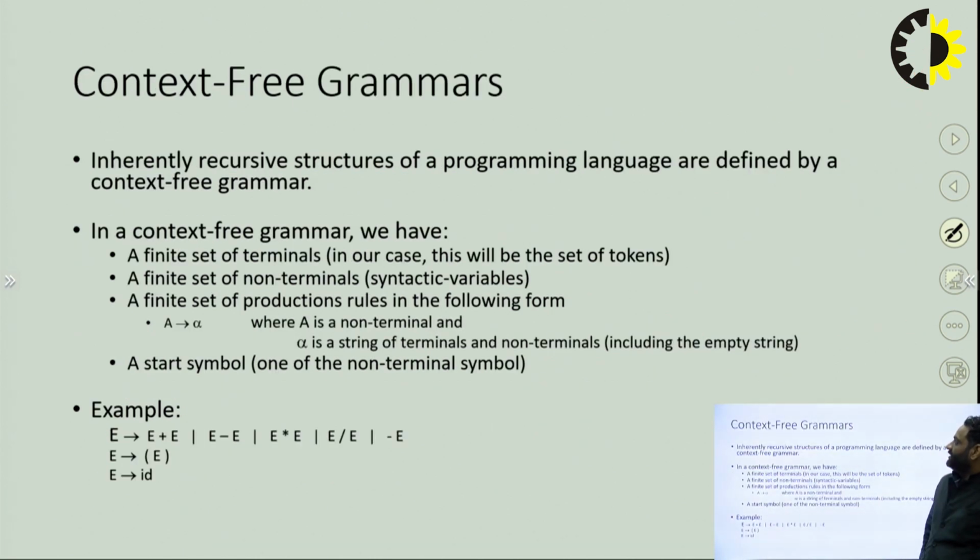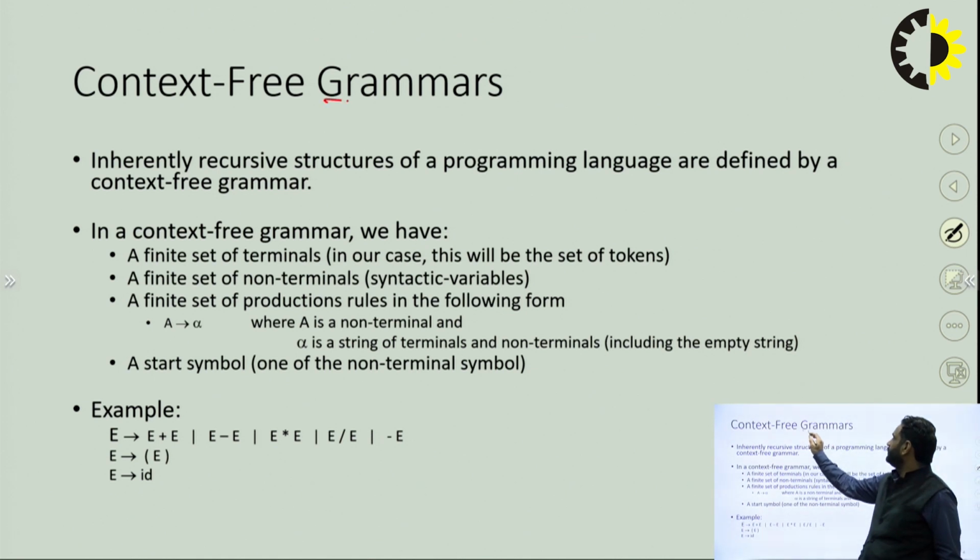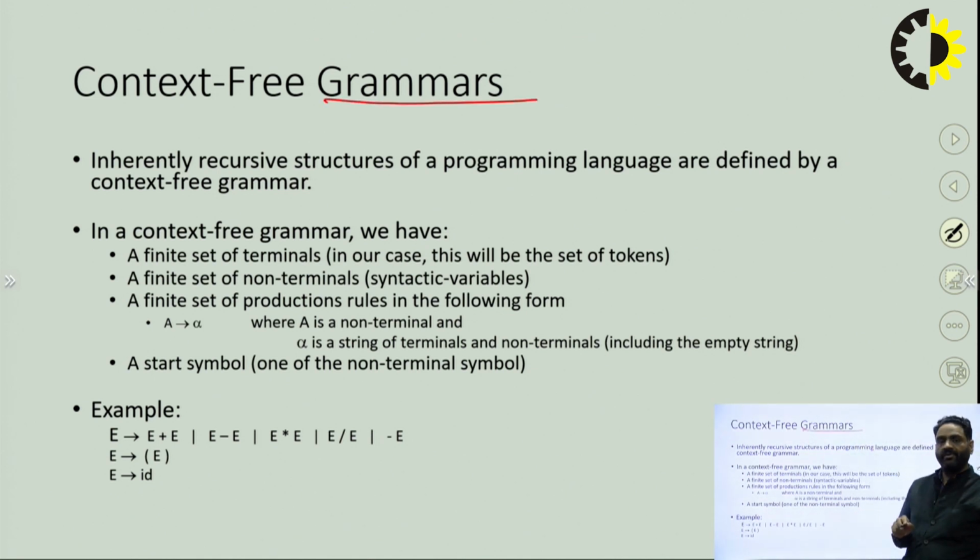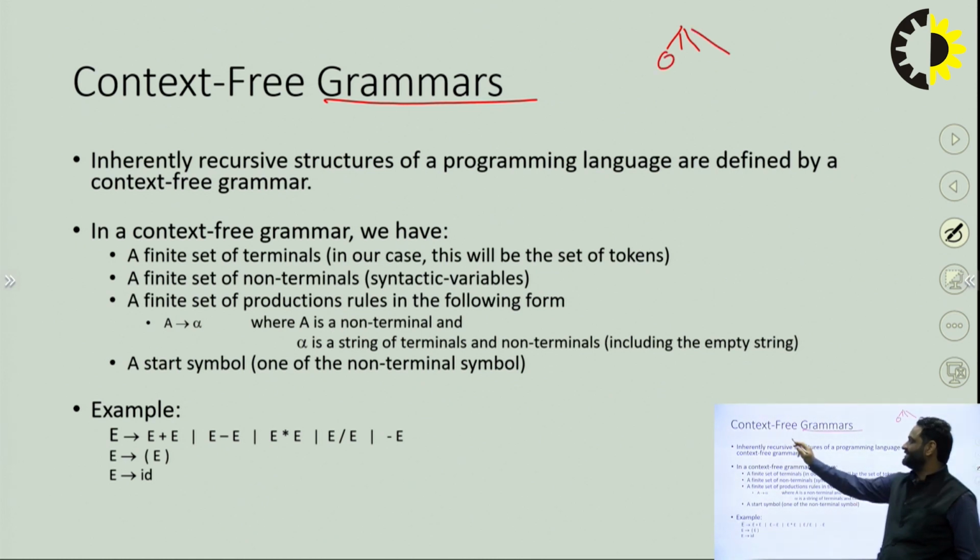Now the next topic is context-free grammar. It's one of the types of grammar. As we already know, Chomsky hierarchy gave four categories of grammar. One of those is context-free.